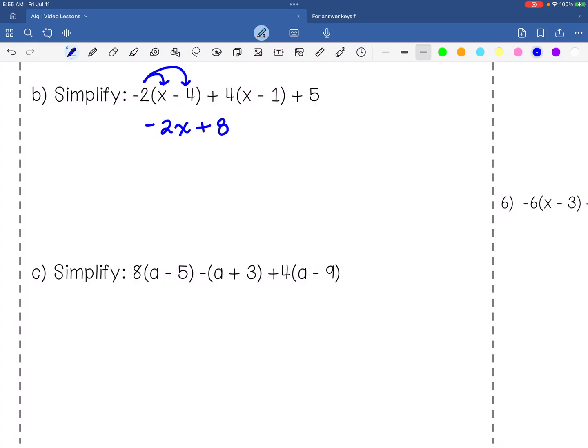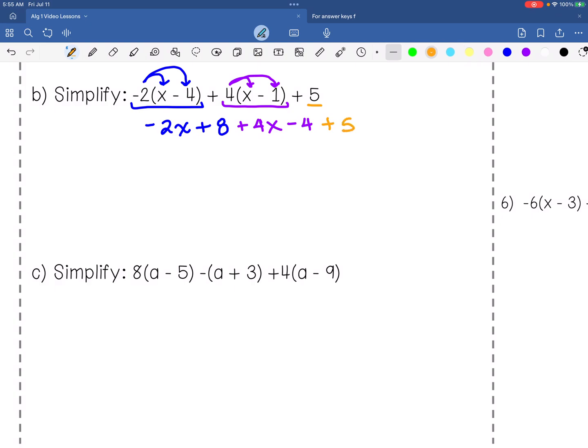Now we have this set, right? Let's switch colors so we can see them. So this set was blue. Now we're going to do this set, right? 4 times x is positive 4x. 4 times negative 1 is negative 4. And then this guy actually we're just going to bring down.